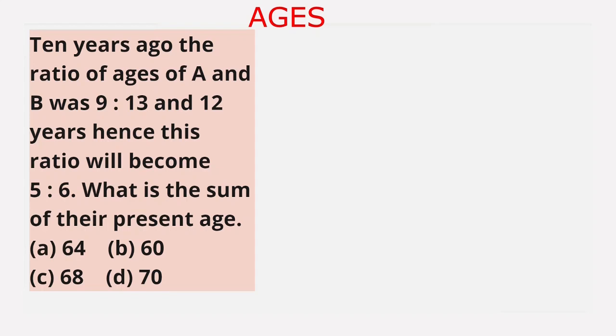Now we can solve this question by concept as well as by shortcut method. This was the method of solving by the given options. Now I solve it by concept. A:B is 9:13, so I can write it as 9x and 13x. And this was the ratio of their ages 10 years ago.